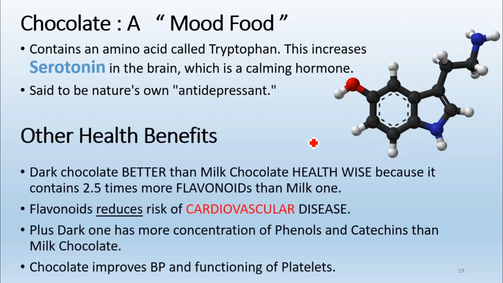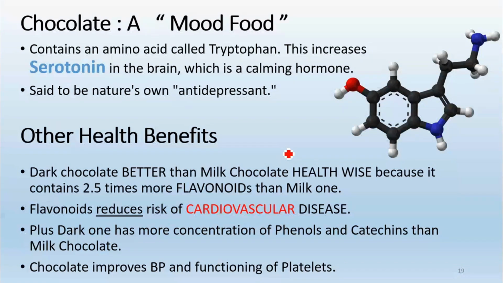And then comes some other health benefits. At the start I told you about certain types of chocolate. Out of all those, dark is better. Why? Because it contains more flavonoids, and flavonoids can help us reduce diseases like cardiovascular diseases.